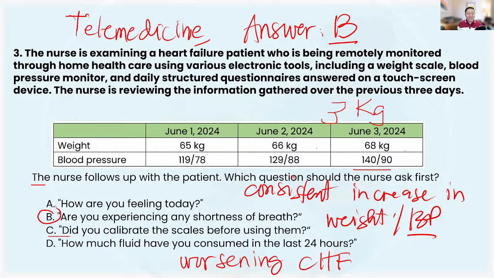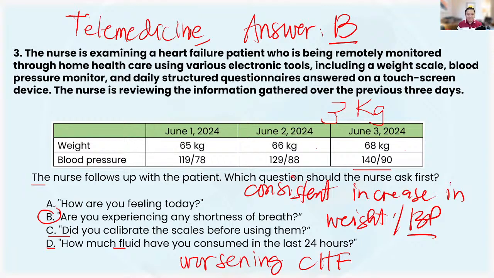Now, if we had answered letter D, how much fluid have you consumed in the last 24 hours? Yeah, maybe you can think that this could probably be a good question. The fluid intake might factor in, but the significant increase in the weight and also the blood pressure basically indicate that there is rapid fluid retention rather than an excessive fluid intake.